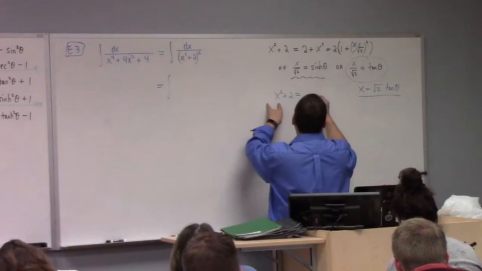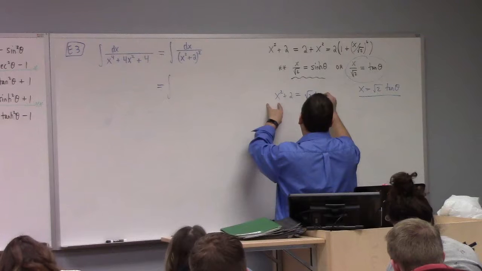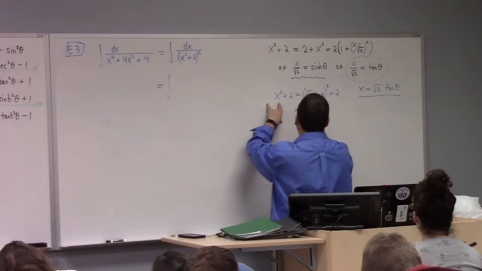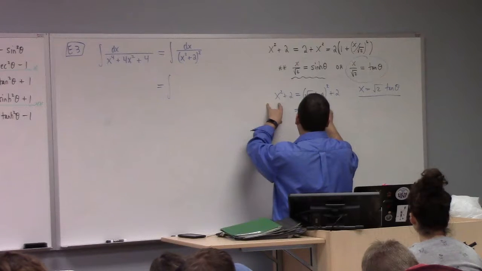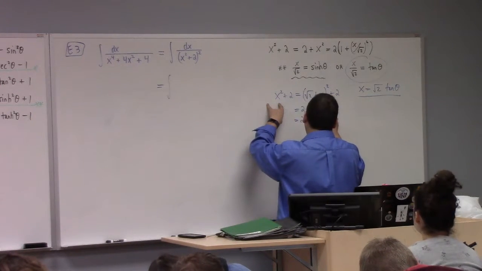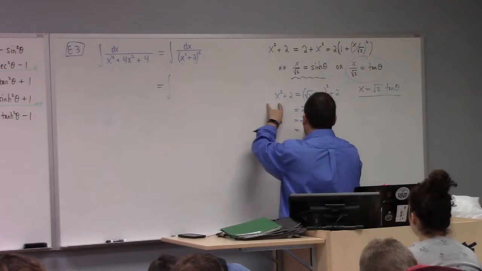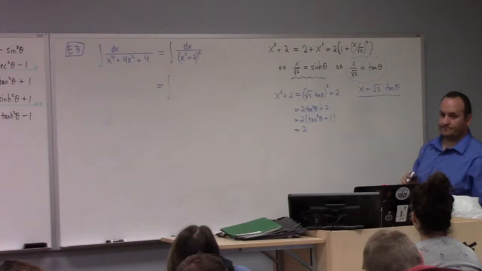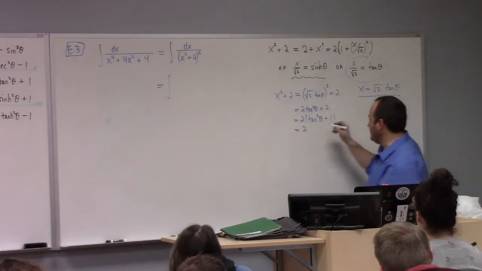And so we've got the square root of 2 tangent theta squared plus 2, which is also 2 tangent squared theta plus 2. Factoring out the 2, I've got 2 times tangent squared theta plus 1, which is what? Yeah, 2 secant squared theta.